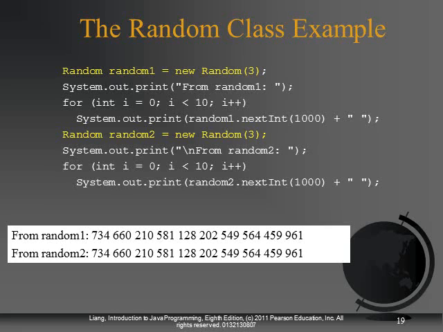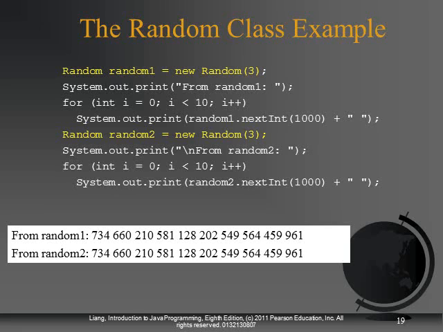If two Random objects have the same seed, they will generate an identical sequence of numbers. For example, the following code creates two Random objects with the same seed 3. You may not want to set a seed in practice during production because you want a truly random sequence of numbers.